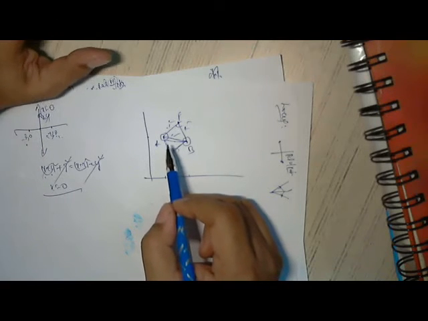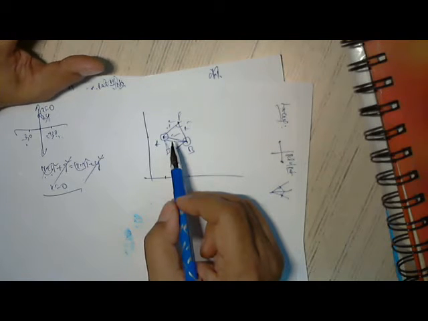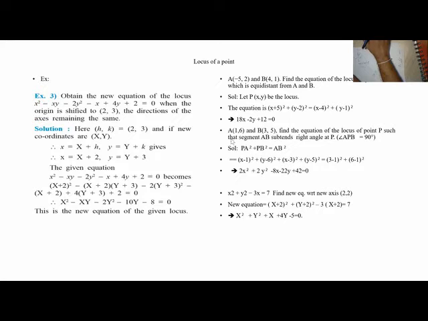Let us see what I am getting. When I substitute, (x minus 1) whole square plus (y minus 6) whole square, PB is (x minus 3) whole square plus (y minus 5) whole square, is equal to AB, which is (3 minus 1) whole square plus (6 minus 5) whole square.